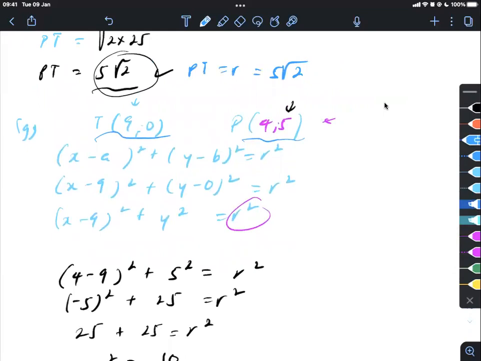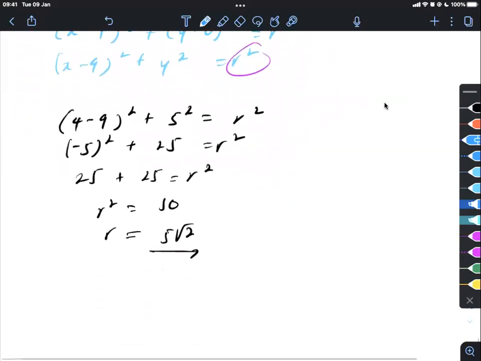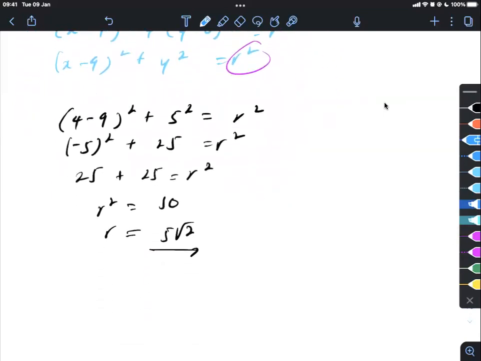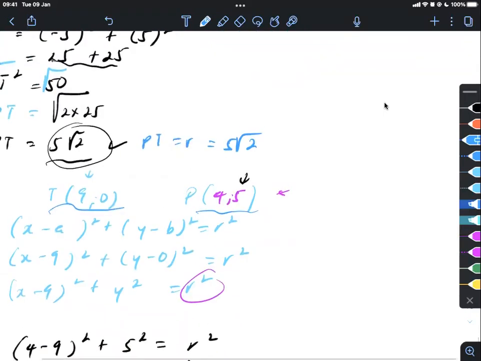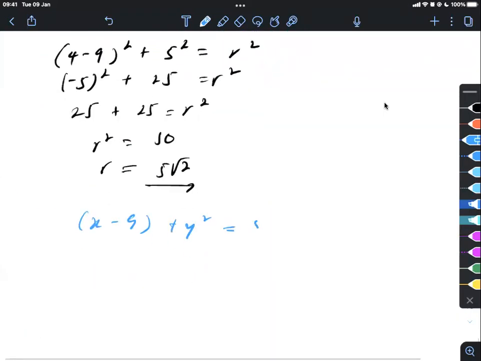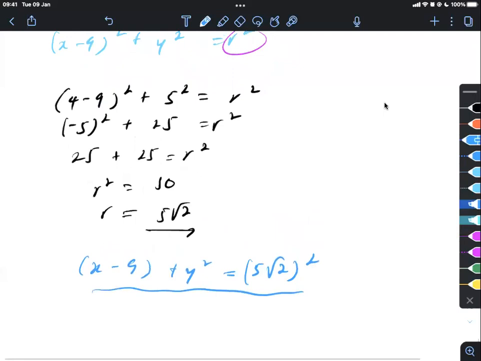So now that we have the radius, when they say hence, all we need to do is write the equation as x minus 9 squared, we know the center is at T, plus y squared. And then for the radius, we're going to put 5 root 2, and then we're going to square that, just like that. That will be our equation of a circle.